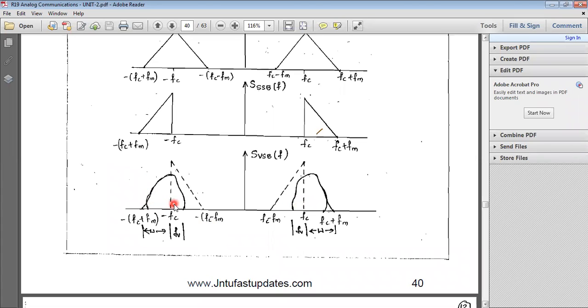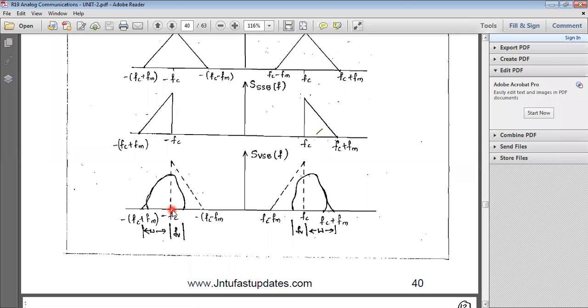Similarly, if we want to pass LSB, then you completely pass LSB and the last part is eliminated. How much is eliminated, that signal is extended to this side. So the total bandwidth required for VSB is the same as the bandwidth required for SSB.